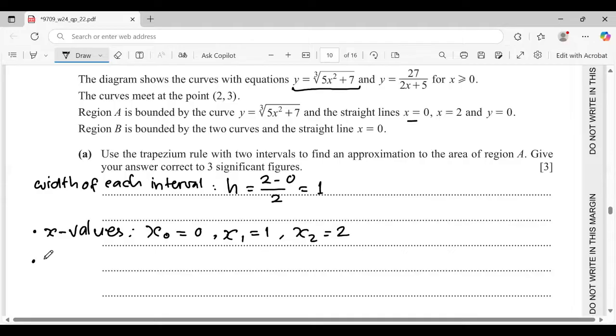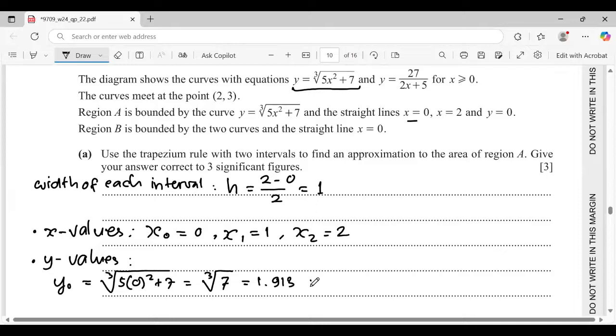The y values start from y0. y0 is the cube root of (5 times 0 squared plus 7), the cube root of 7, which is 1.913.